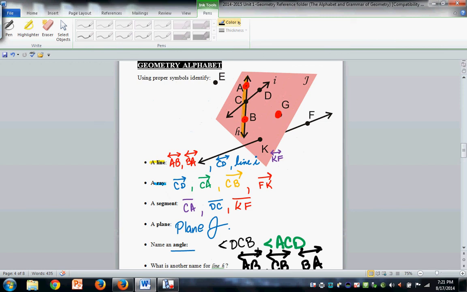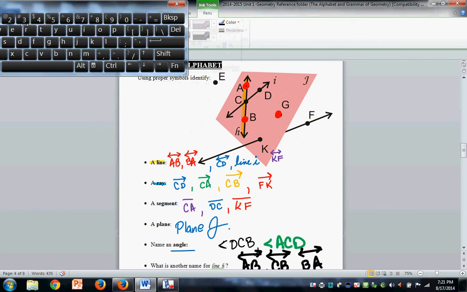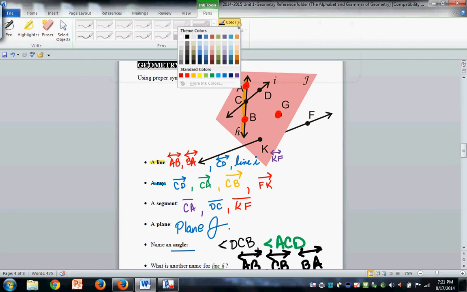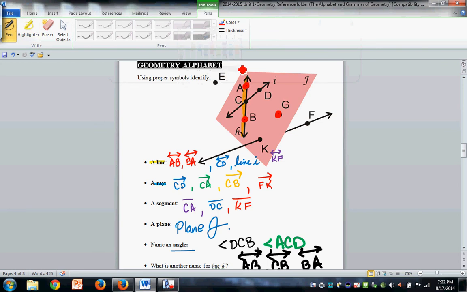Non-coplanar would be a set of 3 points that do not rest on the same plane. So an example of that would be something like this. G, K, which G and K are on the same plane, but then F is off the plane.